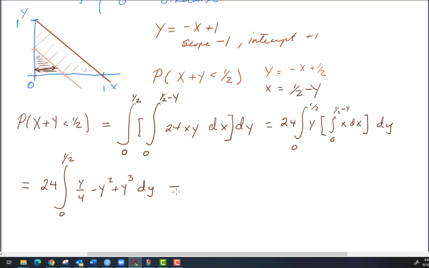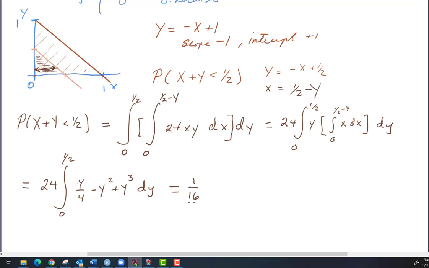And then this is just a single integral, and so you know how to integrate those things. And when you finish this, it is 1/16. So you can see if you can finish that integral and come up with the same value that I came up with.